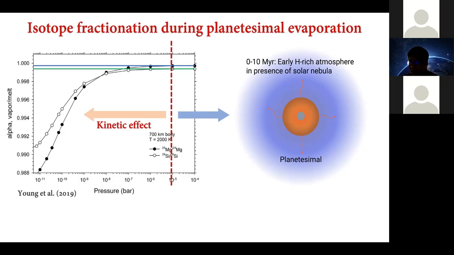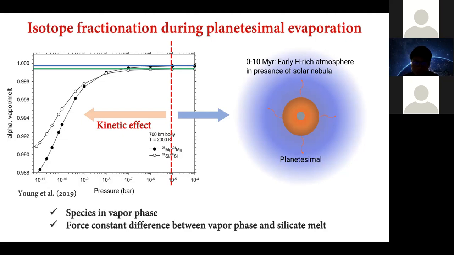In this case, the isotope fractionation could be negative, positive, or zero, depending on the species in the vapor and melt, and their force constants. So we need to know the sulfur species in the vapor phase, and the sulfur force constants in the vapor phase and the silicate melt.